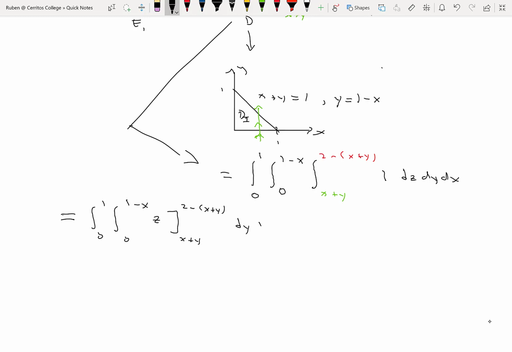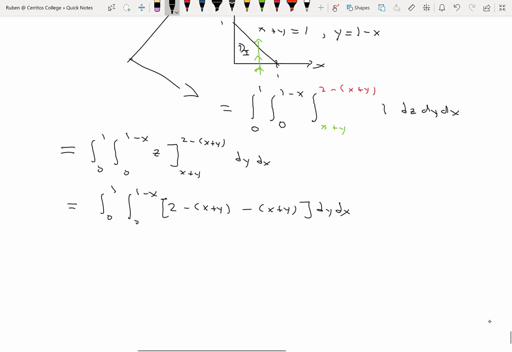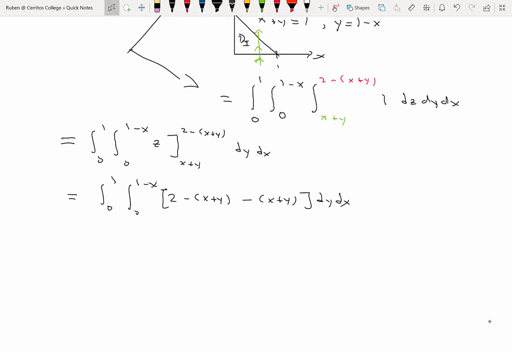Then we integrate that result with respect to y, from 0 to 1 minus x, and then with respect to x. Substituting the upper limit of integration for z, and substituting the lower limit of integration for z. Let's evaluate this integral now with respect to y.